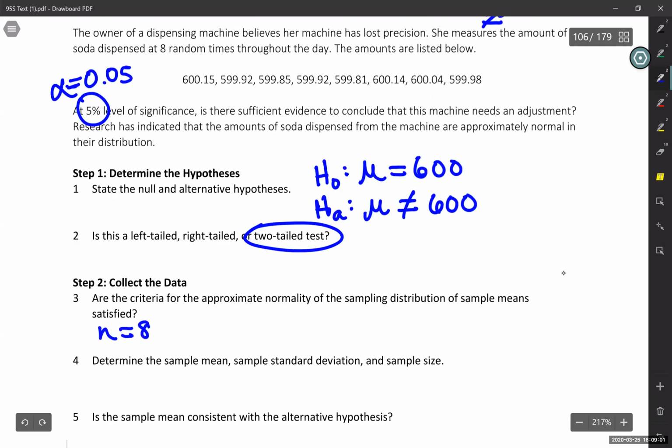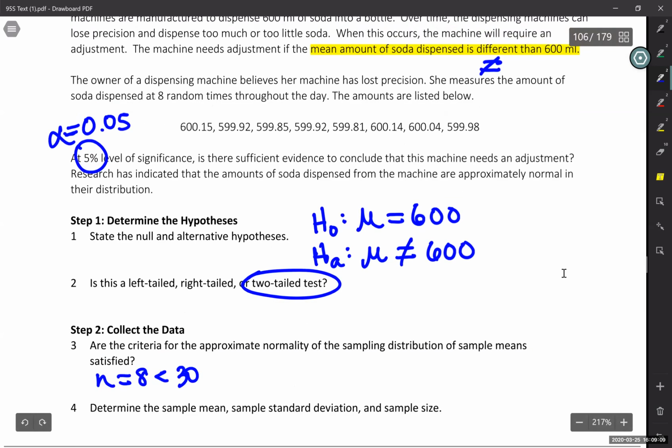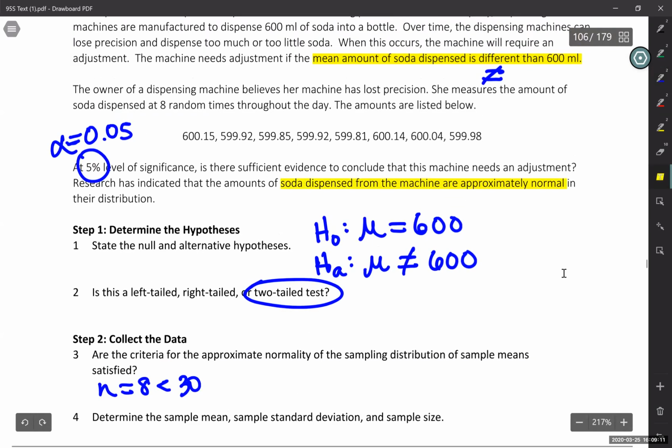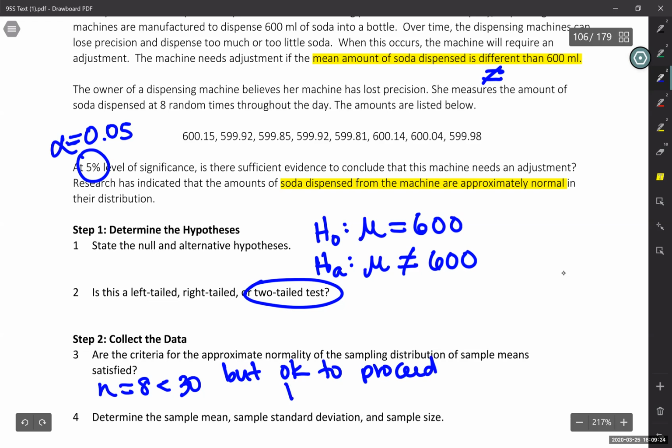It's 8. However, the population is normal. You can see that right here. So it's okay to use. It's less than 30, but okay to proceed because the population is approximately normal.